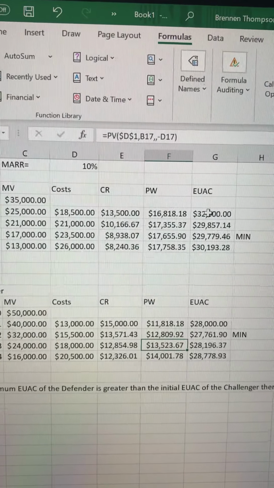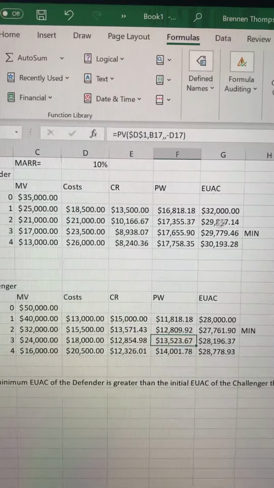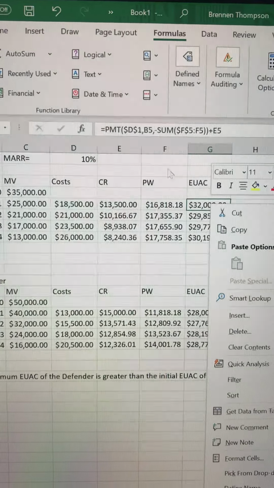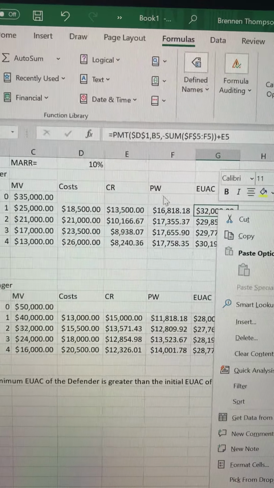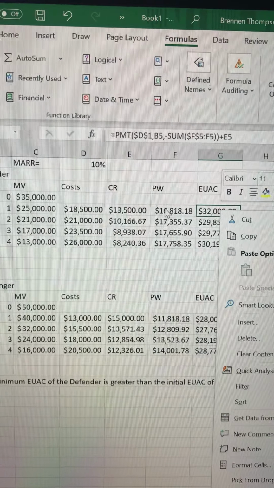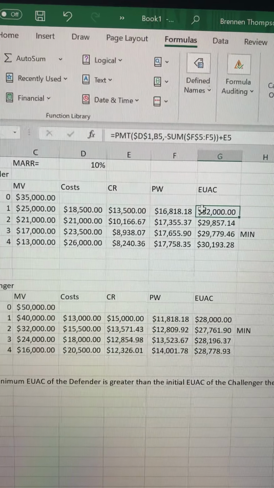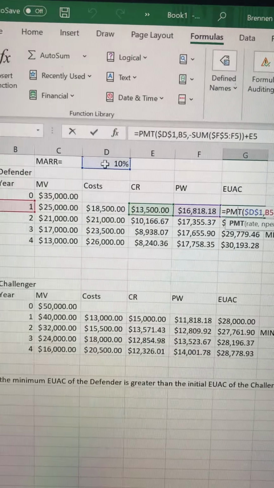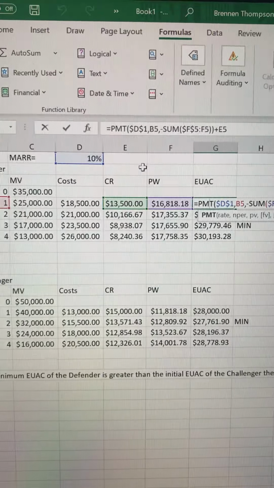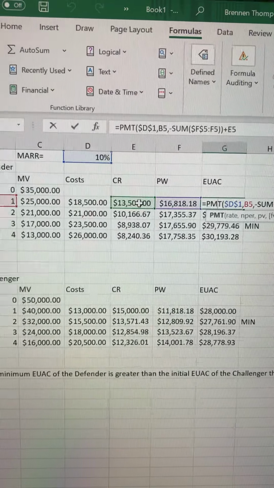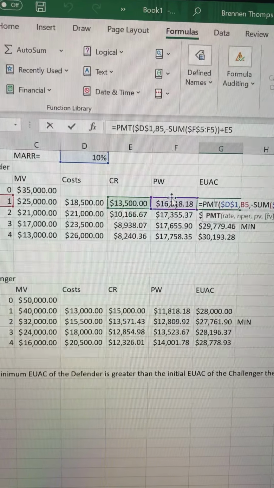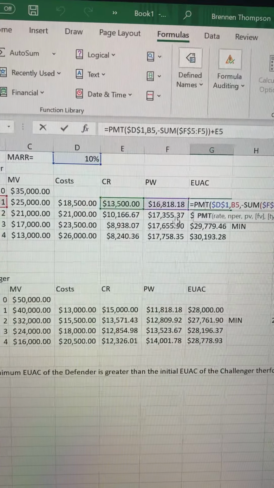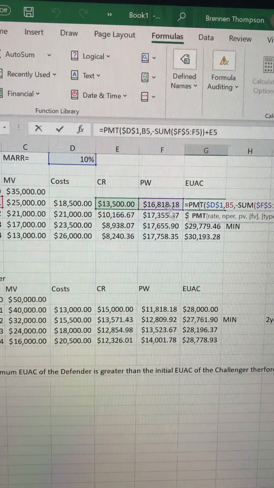So the capital recovery doesn't come into play yet, but once we're given all of these and we're trying to find the EUAC, what we're going to use is the payment function of the present worth and its costs. So we'll go through it. We use the rate, the year, and then the negative sum, because it's got to use continuous present worth for each year.